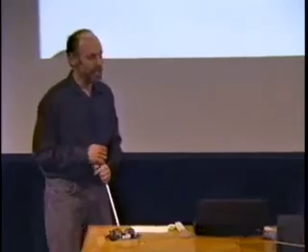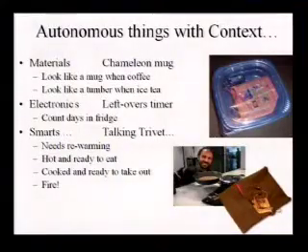Okay, so autonomous things can have context too. And a simple place to do that for us was just showing that one sensor could do something. So we put one sensor in the refrigerator on a leftovers thing, and what's it do? It just says how many days this thing has been cold. So if it's chicken and it's been 4 or 5 days, you start worrying. The talking trivet is almost as simple. You put it on a burner and it says fire.